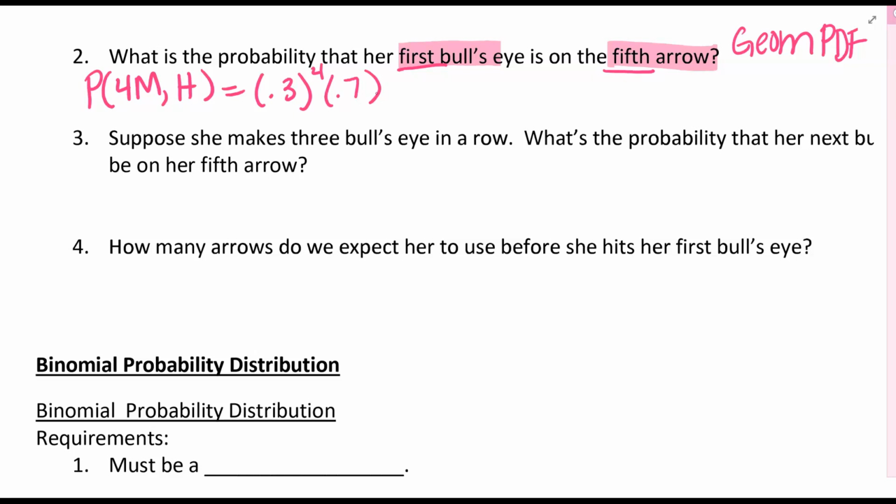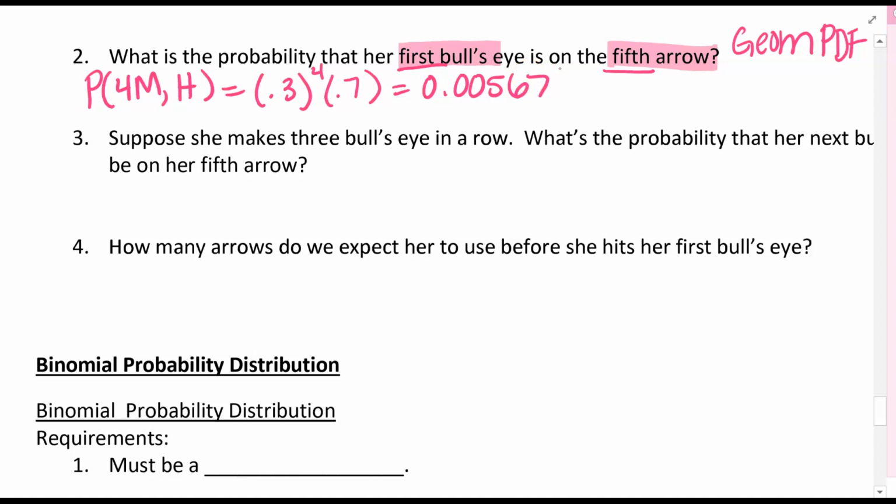Probability of success is still 0.7, but for X, you're going to put 5 because it's for the 5th arrow. So calculate that for me. It should be small, like 0.00 something. 0.00567.